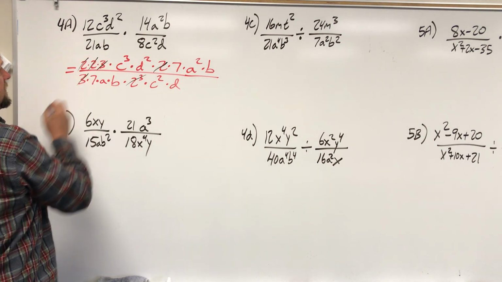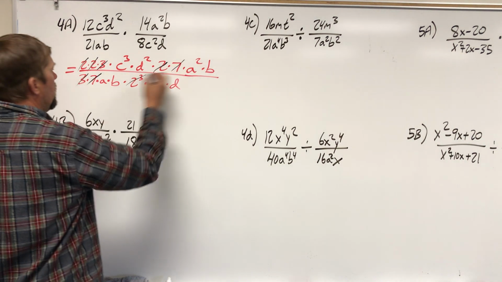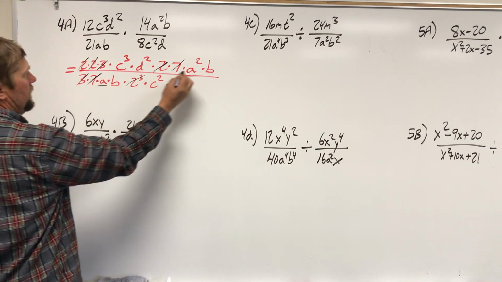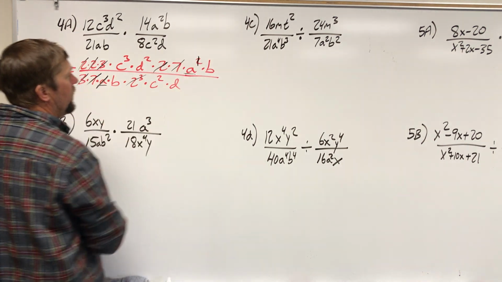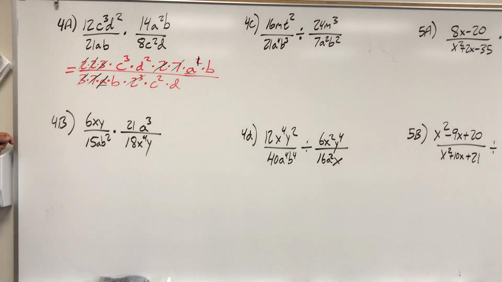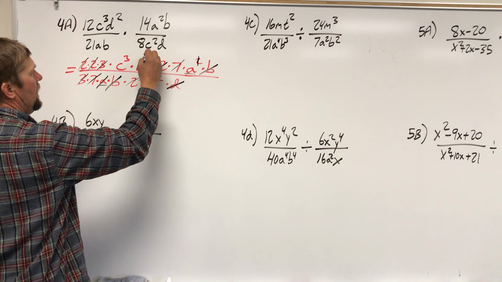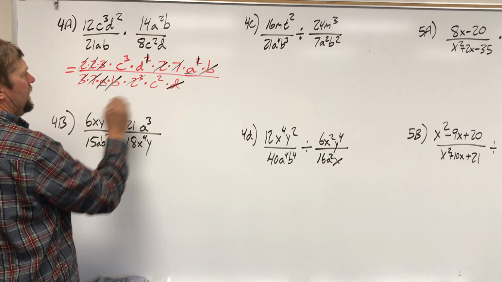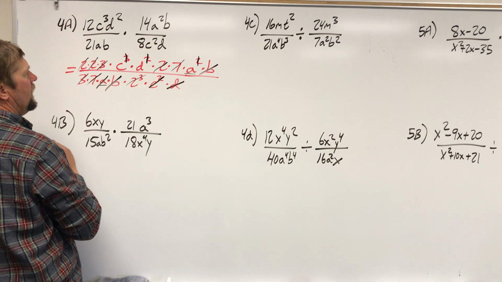This 3 cancels this 3. This 7 cancels this 7. I have 1 a on the bottom and 2 a's on the top, so 1 a will eliminate one of those a's. I have a b on the top and a b on the bottom. I have a d on the bottom, 2 on the top, and I have 2 c's on the bottom and 1 c on the top.